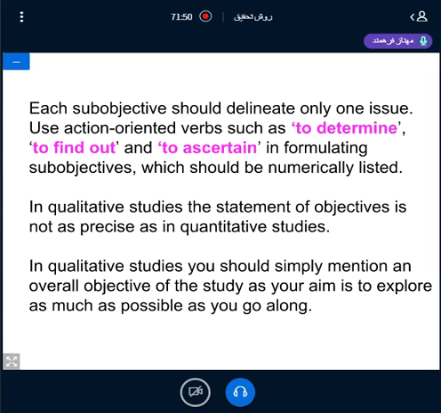In qualitative studies, the statement of objectives is not as precise as in quantitative studies. So in qualitative and quantitative studies, the statements of objectives are a little different. In qualitative studies, it is a little less precise and clear than in quantitative studies.